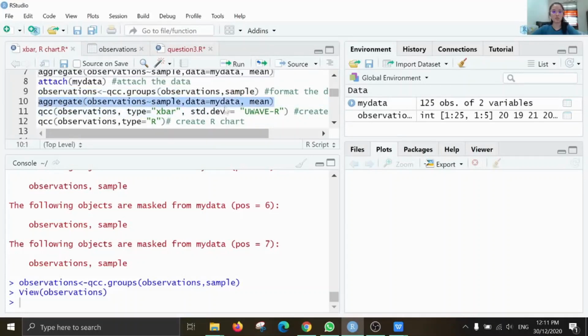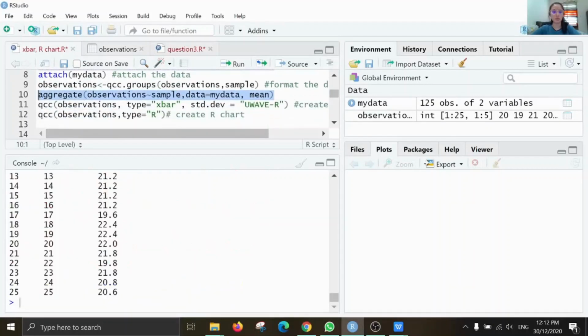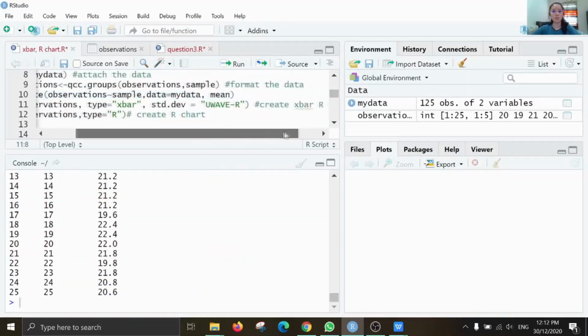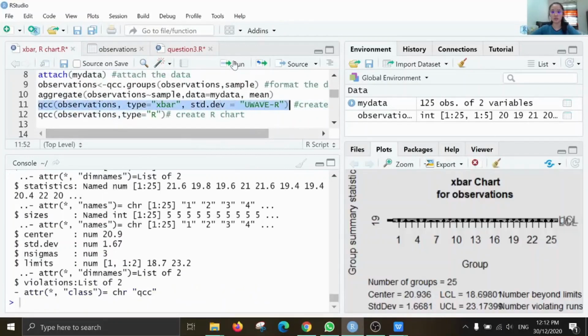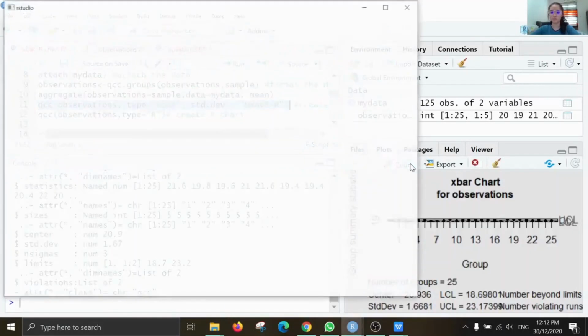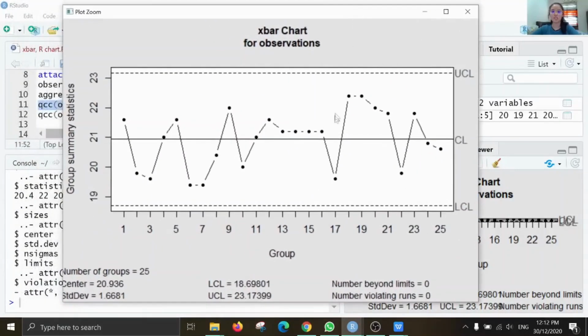And this one is to run the data again, and now we need to create the X bar R chart. Run. So this is the X bar chart.